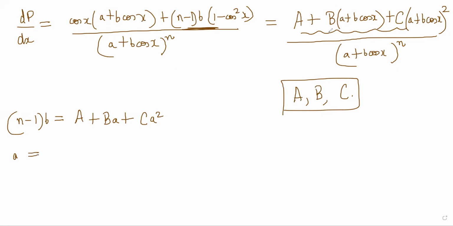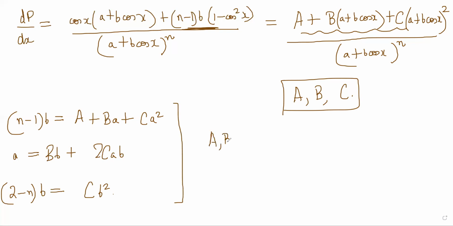A should be equal to, the coefficient that comes with the cos x will be BB plus 2CAB, right? And the coefficient that comes with cos square x here will be CB square. On this side, it will be 2 minus n into B, and on this side, it will be C into B square, right? So there are three equations, and from this, we can find out our A, B, and C.